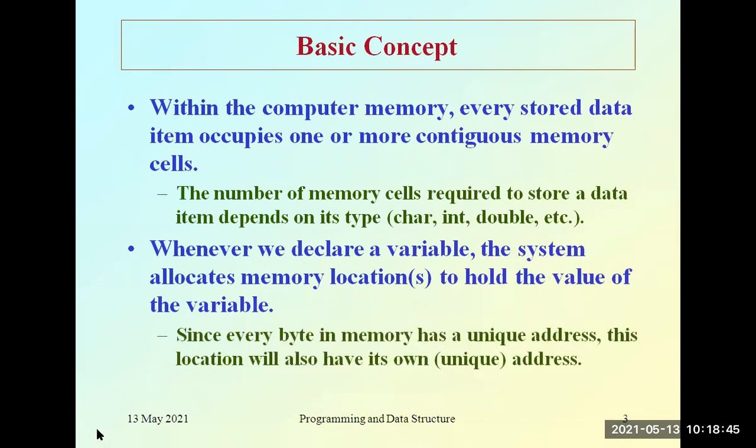So see here, within the computer we have different types, for example an array. When we represent data in an array, it needs continuous memory allocation. Depending upon the data type, either integer, character, or float, the system allocates memory locations to hold the value of the variable.